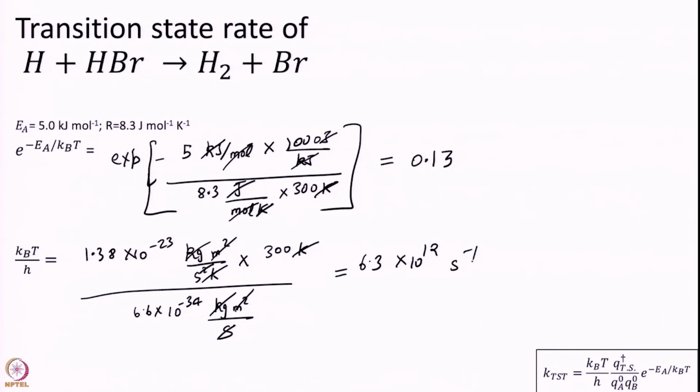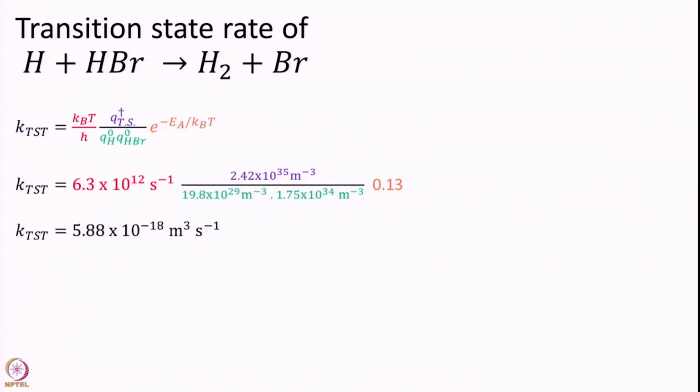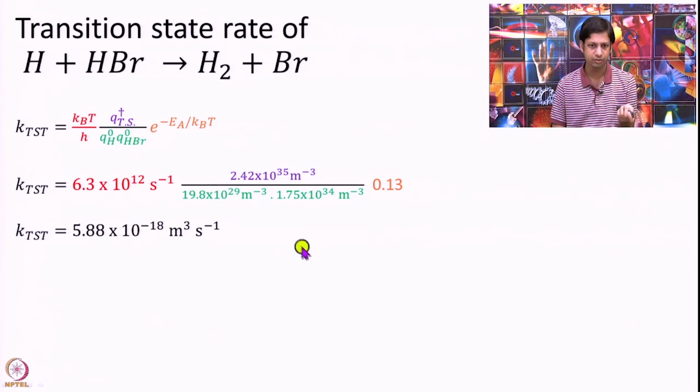Okay. So, finally it is time to plug in all the numbers together. So, I have kT over h, which I have found to be this. We have found the partition functions. For the transition state we found it equal to this, and for H we found this, for HBr we found this. So, I have just plugged in the numbers from the previous slides and the exponential I have found to be 0.13.